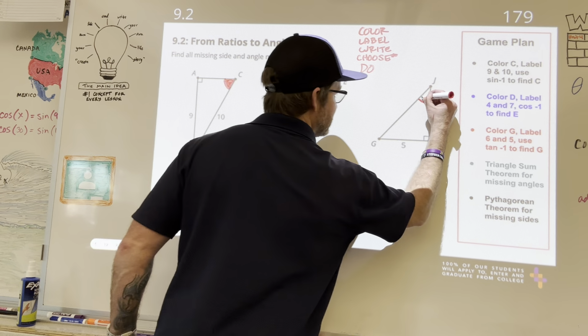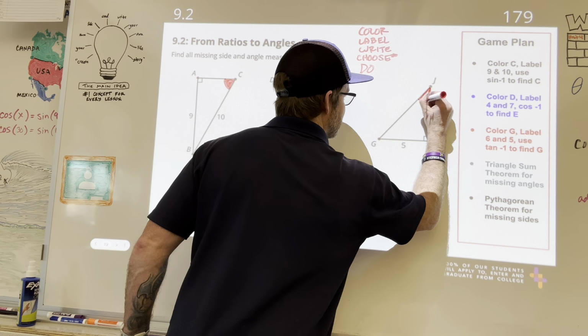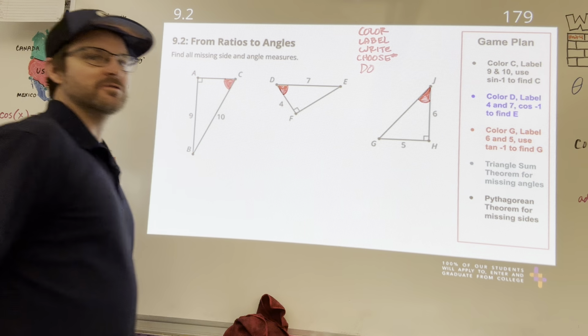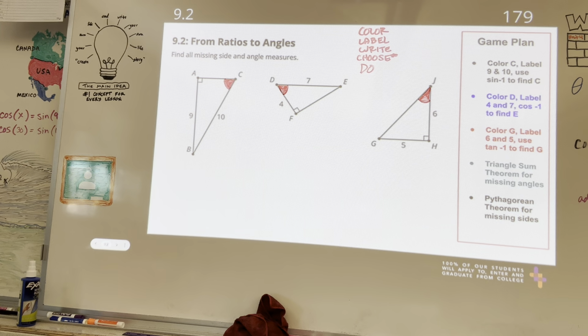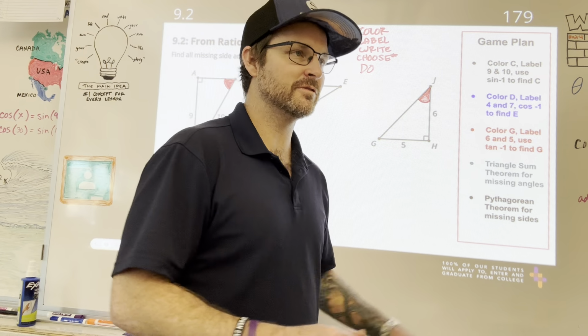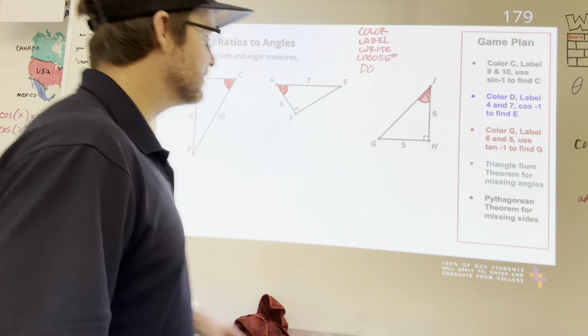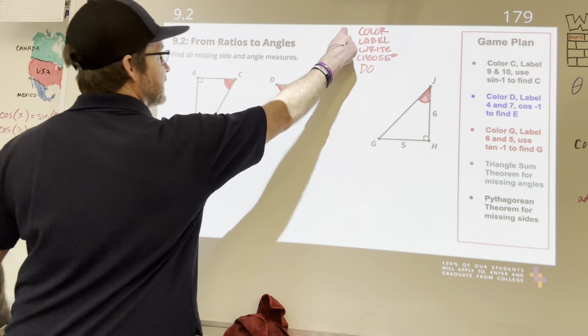Now, when you teach it, you could use any of the acute angles for which one you color in. It doesn't matter. But you will have to stick with that angle to figure out what's next. So here we go. Color, that's done.